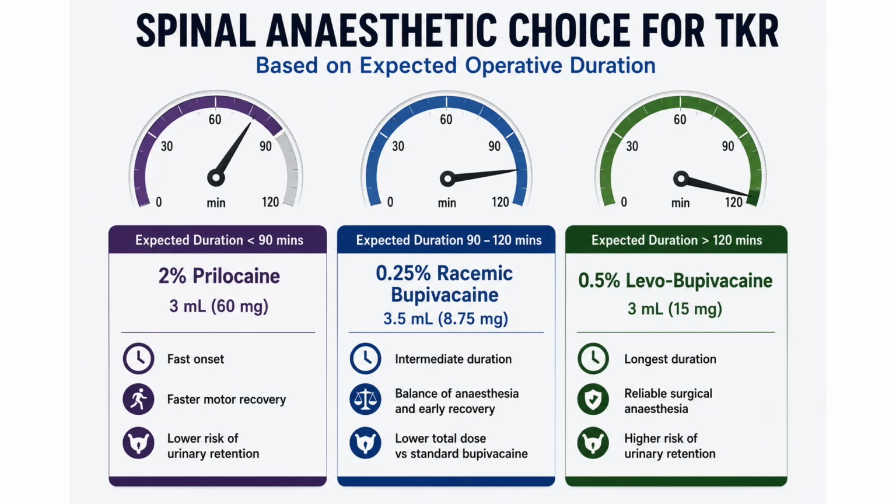You're using a smaller dose of bupivacaine, and hence you get a lower urinary retention rate, and it wears off relatively predictably. The catheterization rates are low, and it seems to be okay. I use that quite a lot now if I'm working with a surgeon that I reckon will get it done within a couple of hours, but I'm not so sure about the 90.